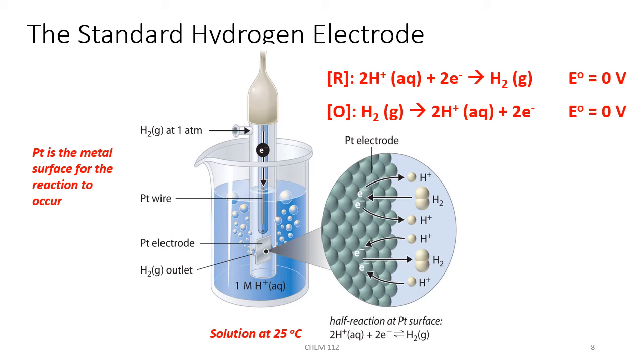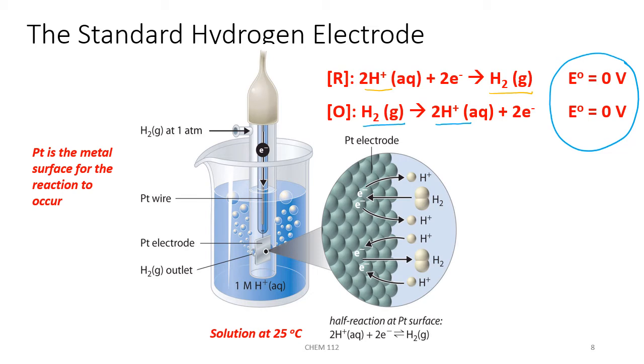Whether hydrogen ions are being reduced to hydrogen gas or hydrogen gas is being oxidized to hydrogen ions, the potential is defined as being 0 either way. It doesn't matter if it's an oxidation or a reduction occurring at the hydrogen electrode. That is assigned as being 0 volts, no matter what.